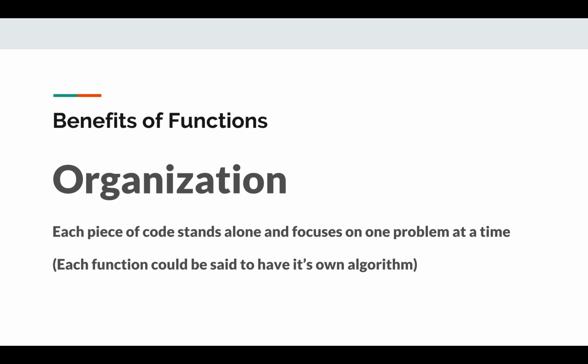And every function will have its own solution. And so every little piece gets its own solution. And then when you need to work on one part of a solution or another part of a solution, it's pretty easy to do because it stays organized for you. In some ways, you can think about that as each function has a little algorithm that it needs to work on that's kind of separate and independent from the rest of the program.